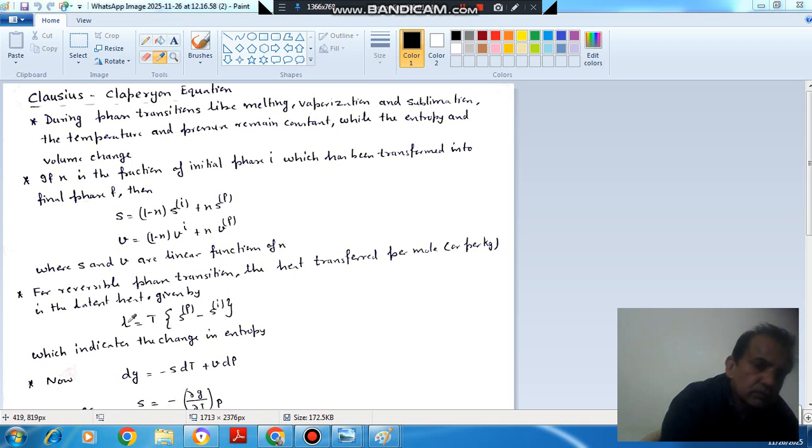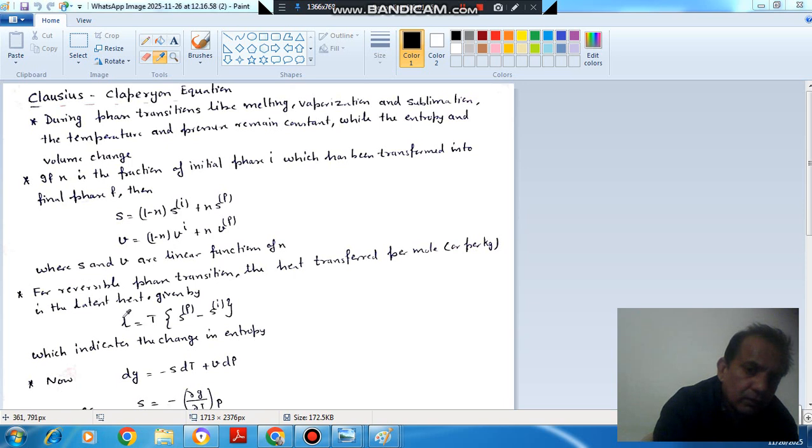Now we have constant temperature during transition, like melting, evaporation, sublimation. During these we are supplying heat for the transition.